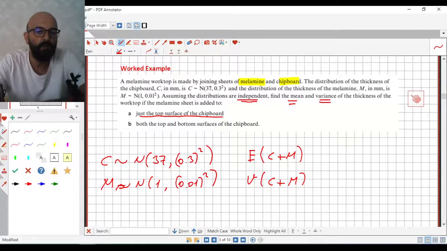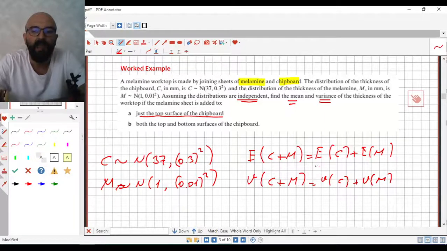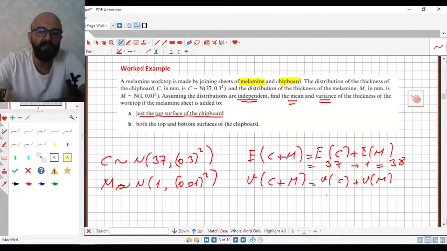One time we use melamine: the expected value of C plus the expected value of M, and the variance of C plus the variance of M. The expected value of C is 37 and of melamine is 1, so it means 38.